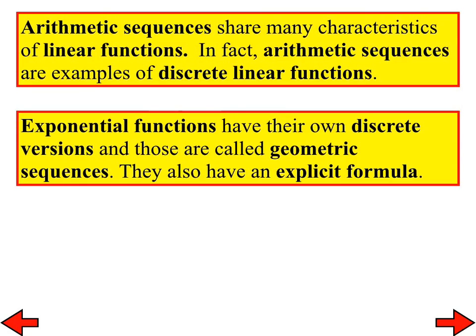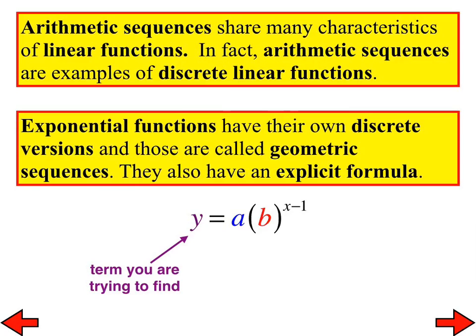Now, if you look at the explicit formula for geometric sequences, it looks almost identical to the exponential function formula. Quickly turn to your shoulder partner and talk about what's different with this compared to exponential functions. So, y is the term that you are trying to find.